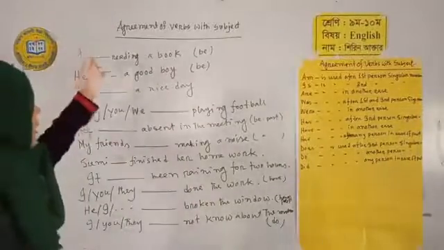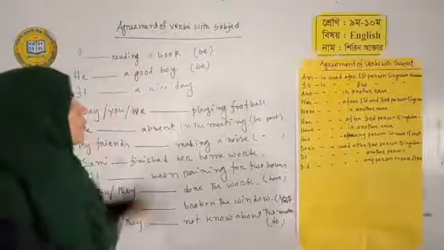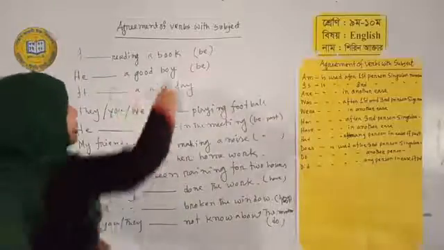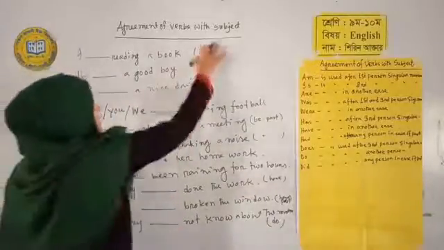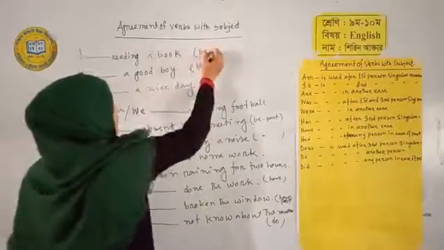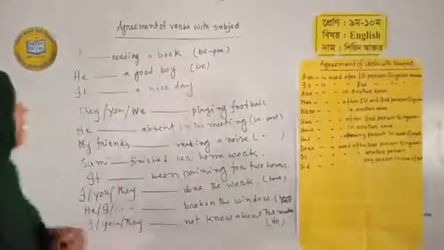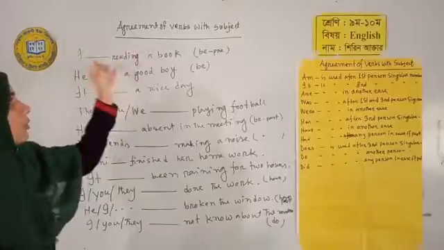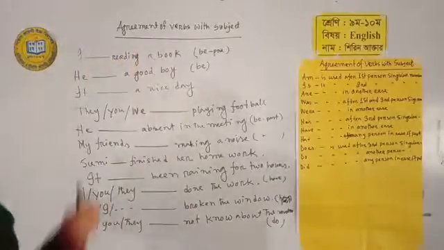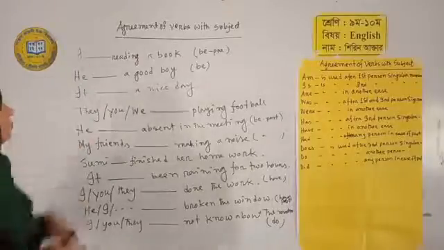Here we have an example. I has reading a book. Here we have to use be verb, and if it is in the present form, if we want to use a be verb in present form, then I must use here am.